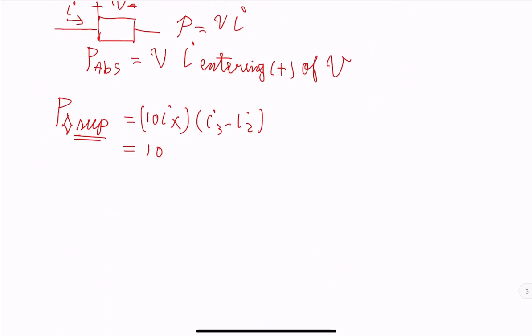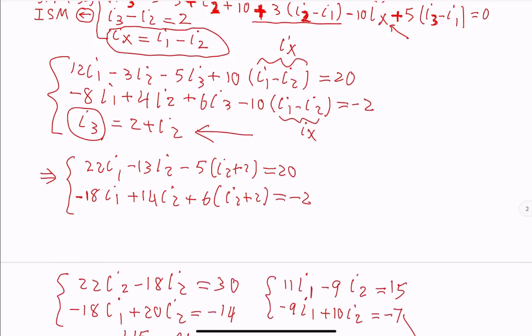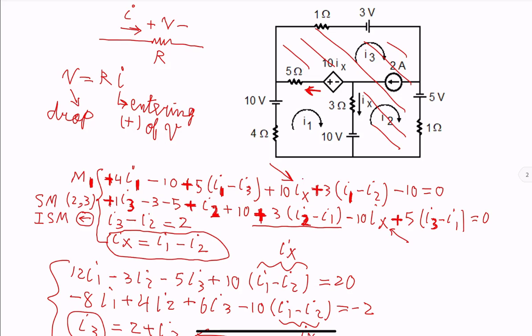So we are looking at 10 times I1 minus I2 times I3 minus I1, and notice that I have a mistake there.